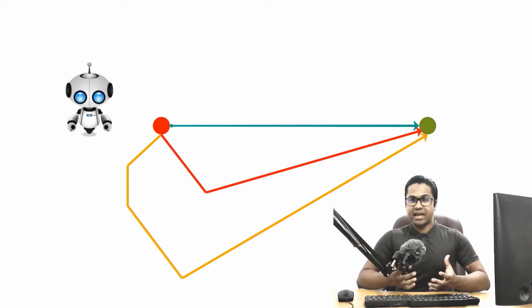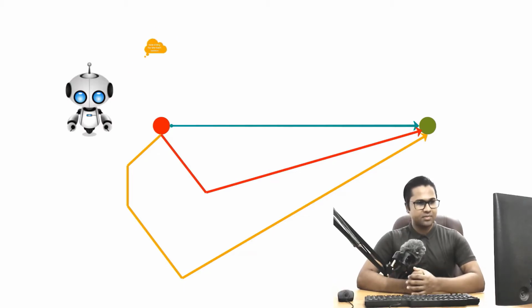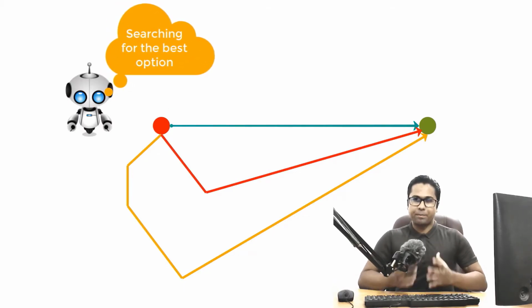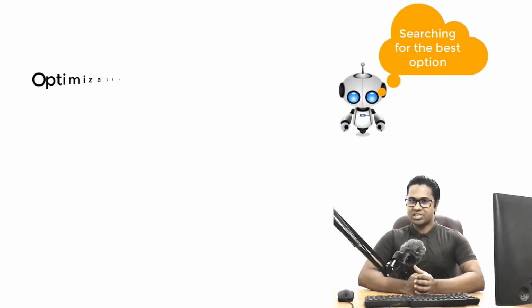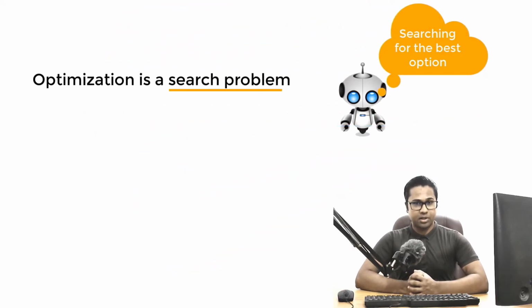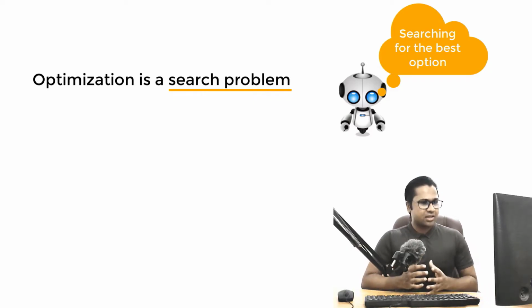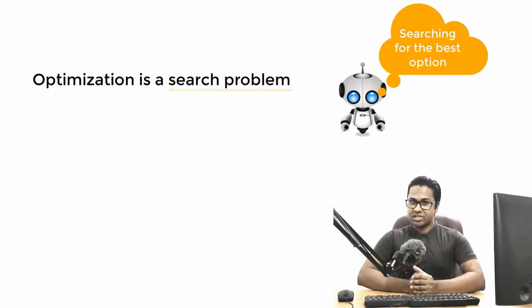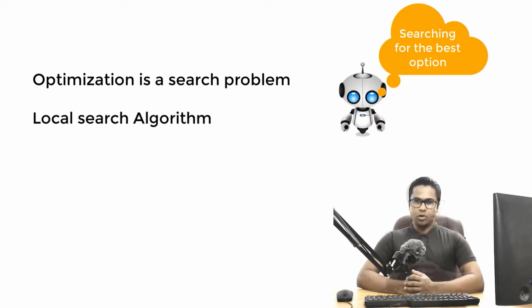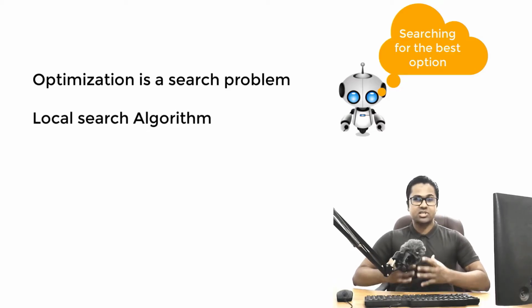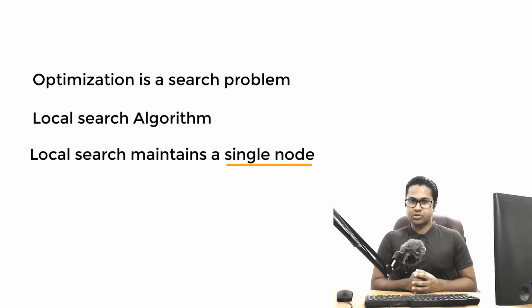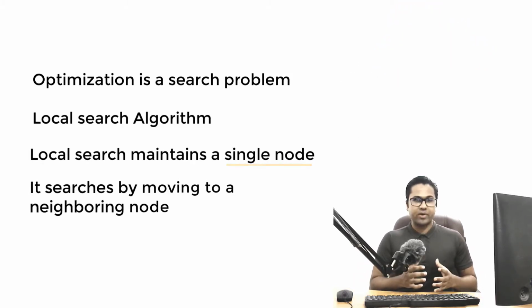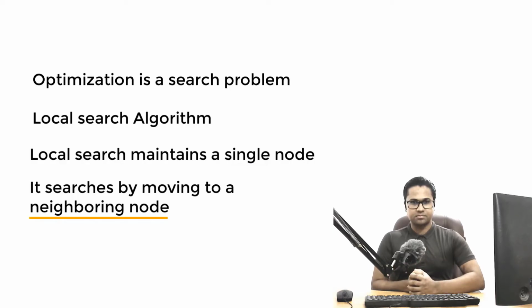If we appoint an AI to optimize something, it will search for the best solution. That means optimization is a search problem. The search algorithm we use for optimization is called a local search algorithm. Local search is a search algorithm that maintains a single node and searches by moving to neighboring nodes.